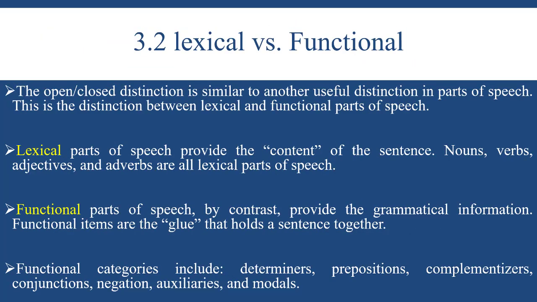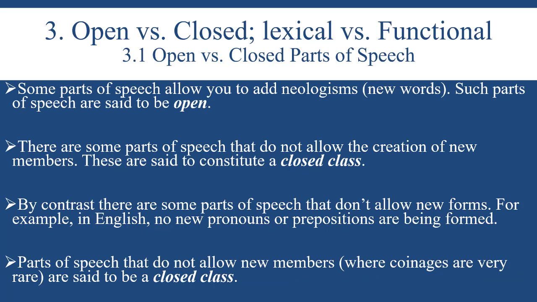Now, let's go back. When we talk about open class, for example, we're talking about nouns, adjectives, adverbs. We can always come up with new words. For example, we can add an adverb, slowly, or any word.